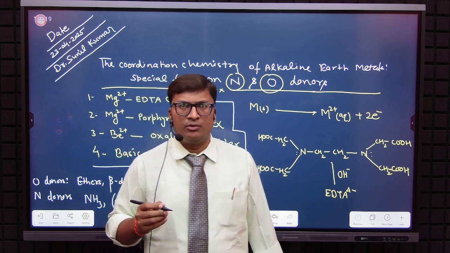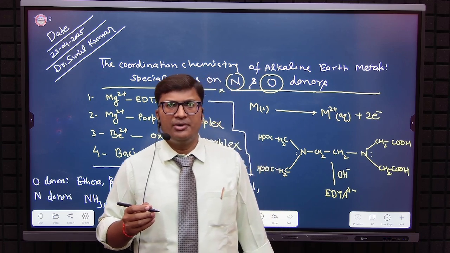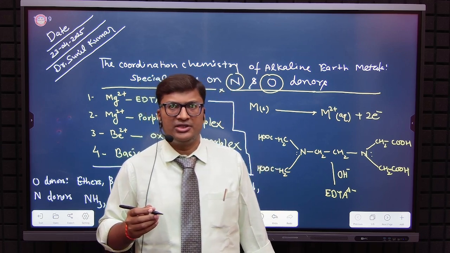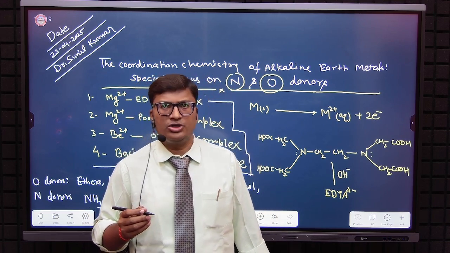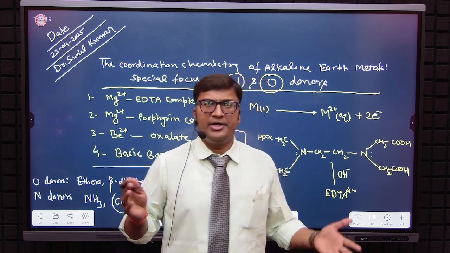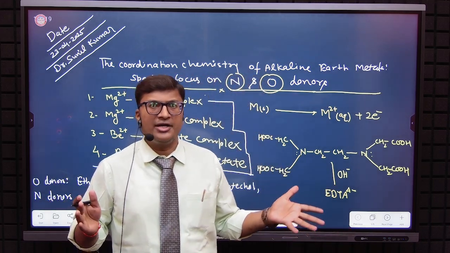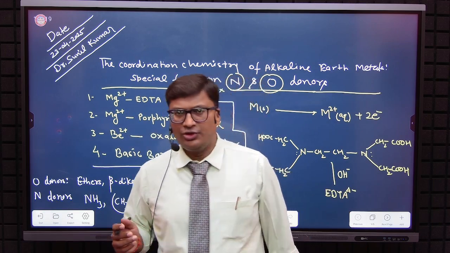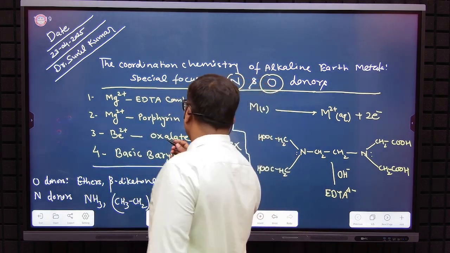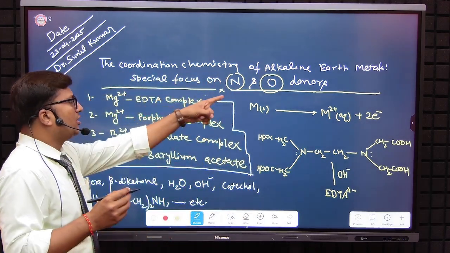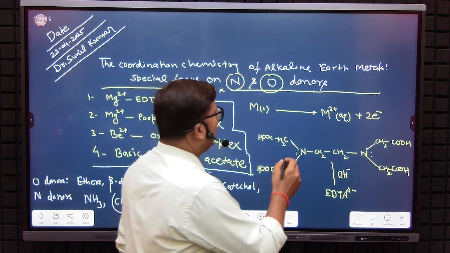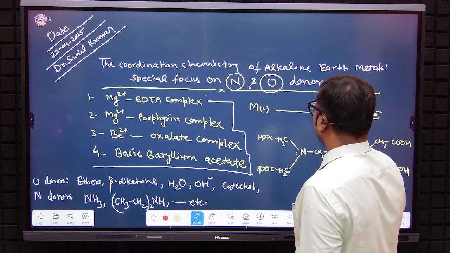Now we are interested to give emphasis to special donors, that is oxygen and nitrogen donors, to form complexes with alkaline earth metals, right? So now let's start the chemistry of oxygen and nitrogen donor Lewis bases, that is called ligands, right?